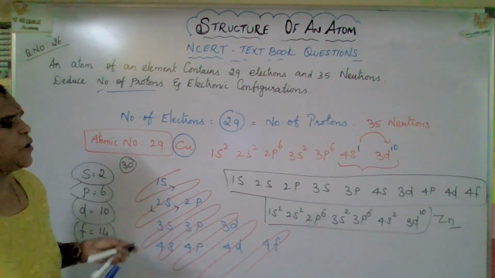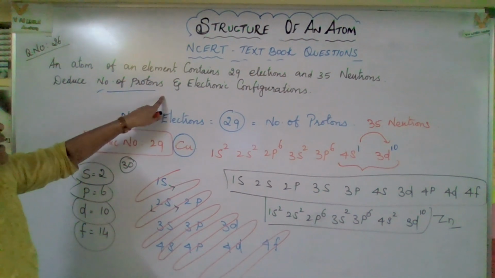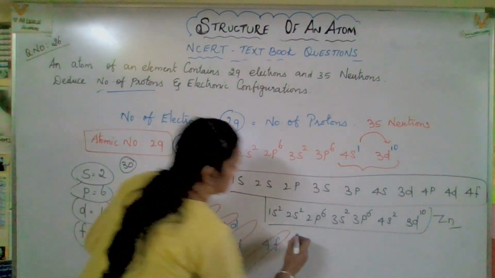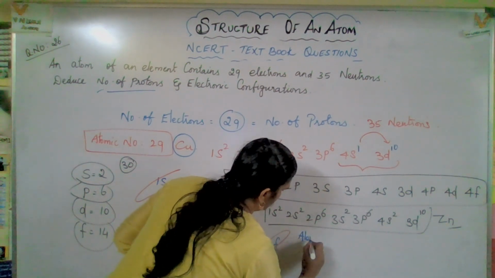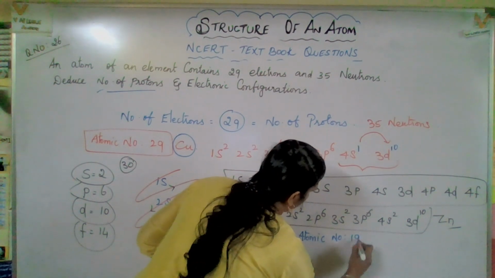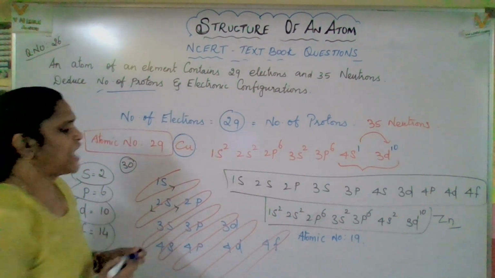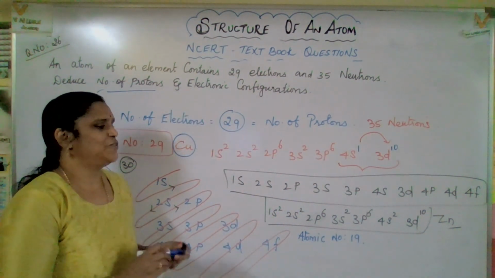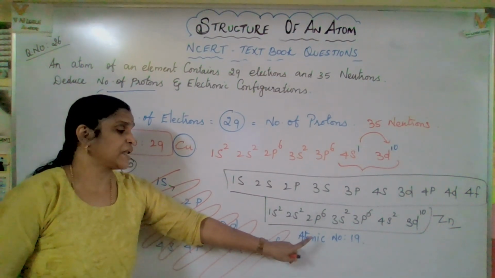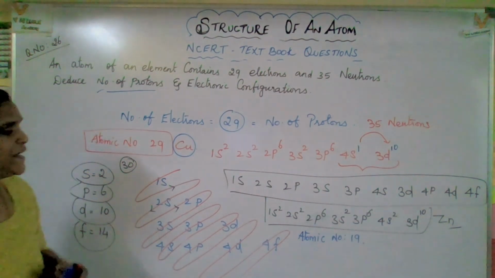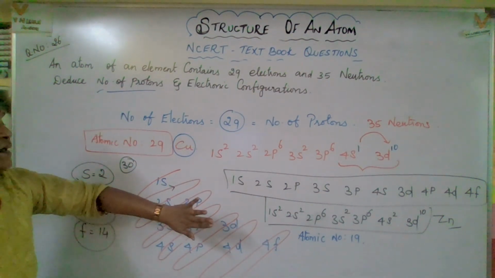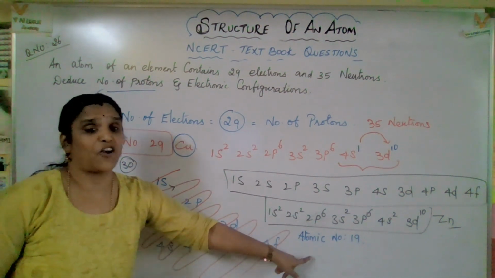Okay, I'll give one more example. For example, atomic number 19. How to fill that? Can you fill? Can you mention in the comment box what the element of atomic number 19 is and how to write the electronic configuration?